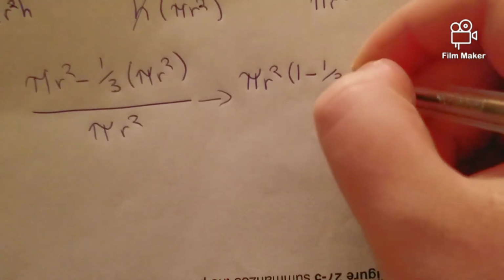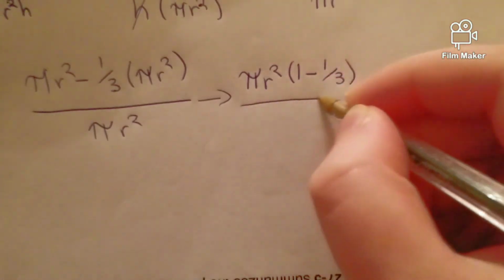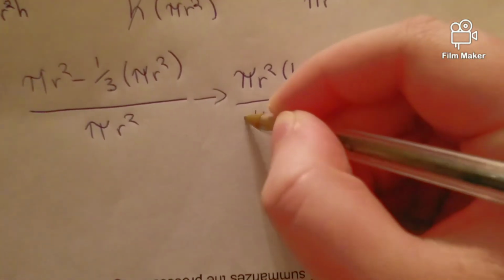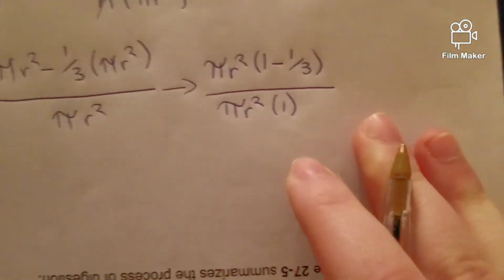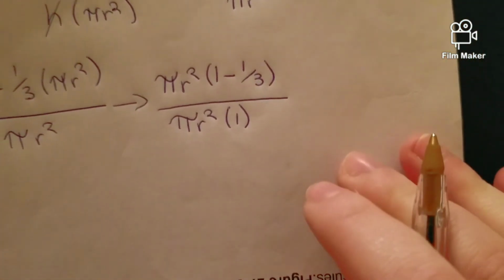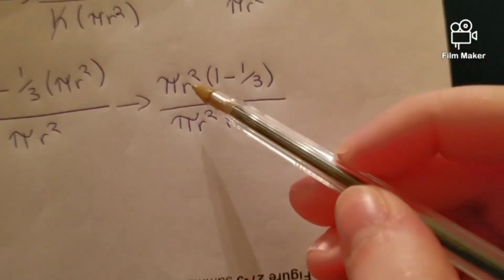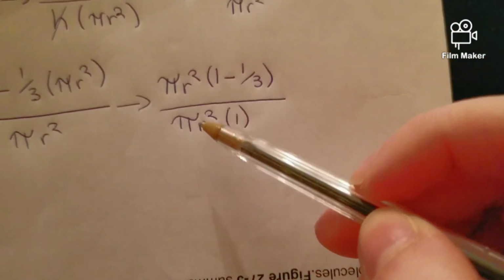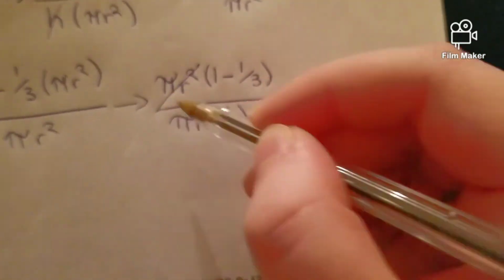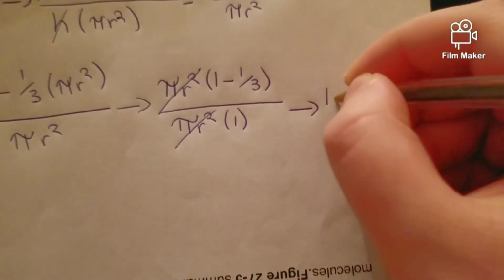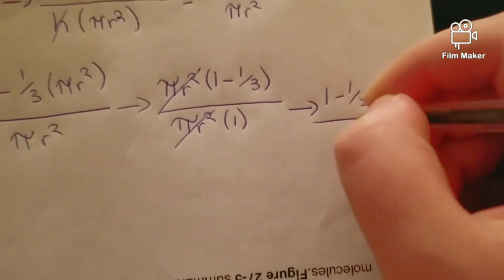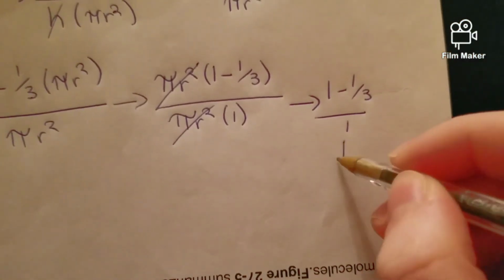When we simplify the pi r squareds, since again the fraction bar is division, we are left with 1 minus 1/3 all over 1, which simplifies to just 1 minus 1/3.